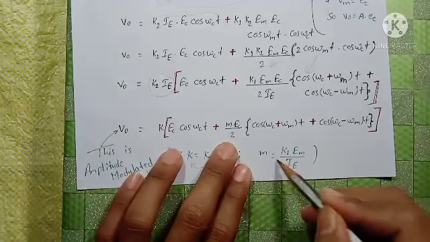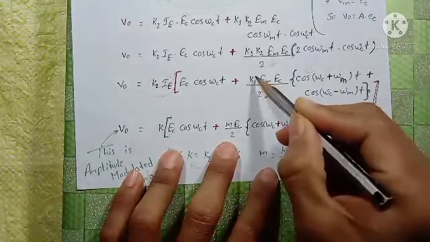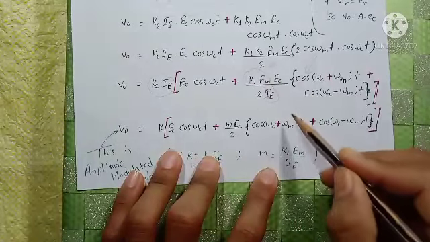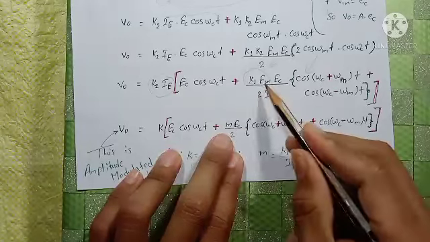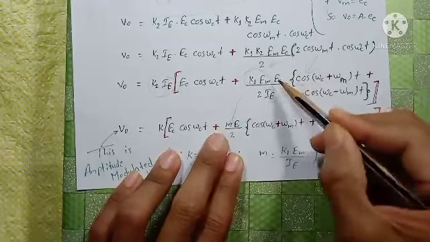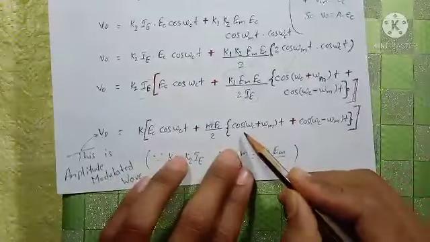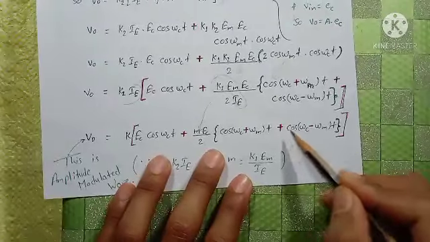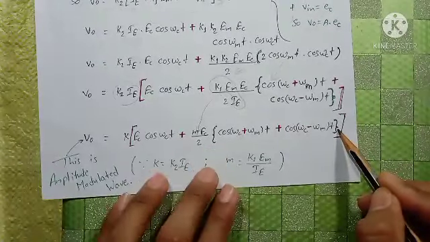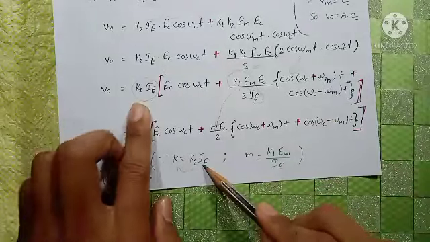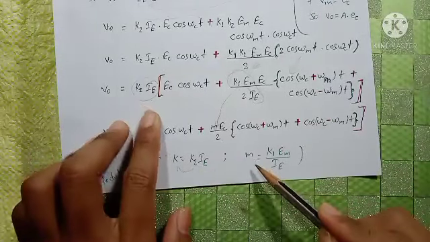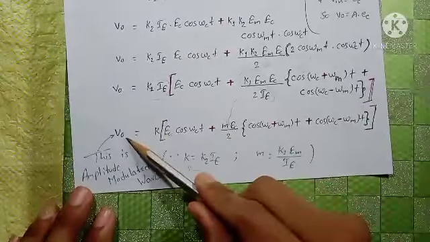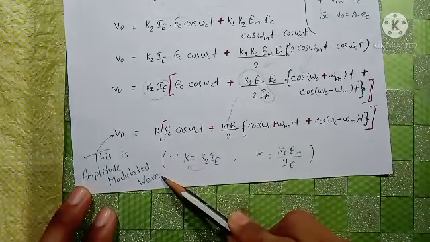We assume the value of m is equal to K1 Em divided by IE. Where K is equal to K2 into IE, and m is equal to K1 into Em divided by IE, and this is the equation of the amplitude modulated wave.